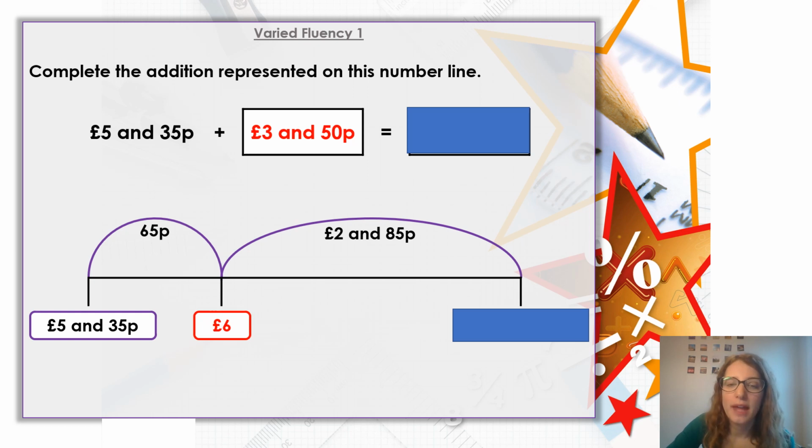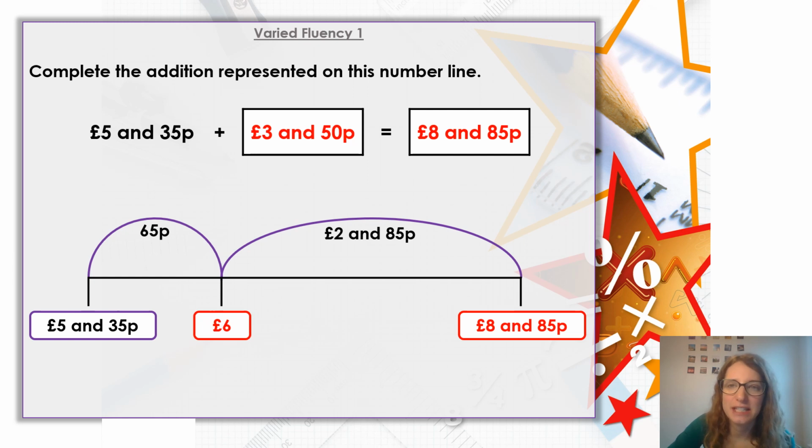Okay, and then my total here, so if I've broken it up into smaller chunks to make it a bit easier, so I've gone up to the next £1, okay, then added the £2.85. So what is my total going to be at the end? Well done if you worked that out, £8 and 85p.